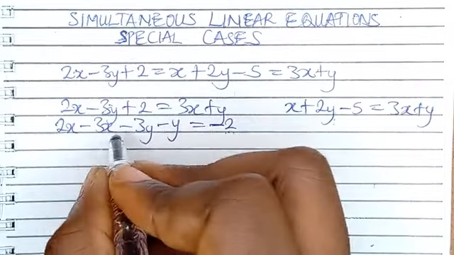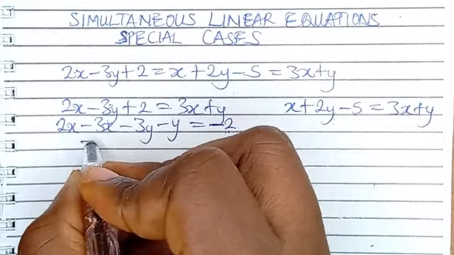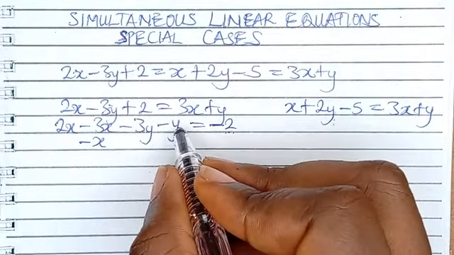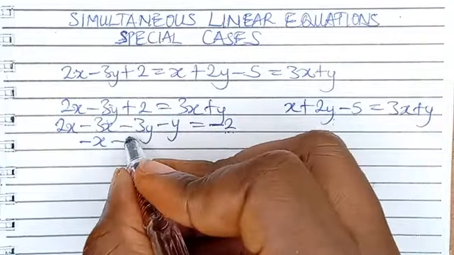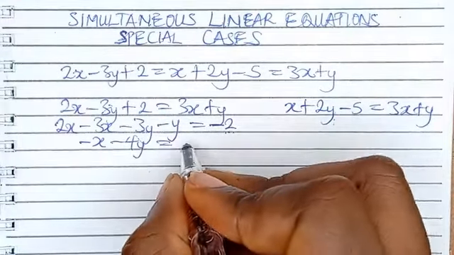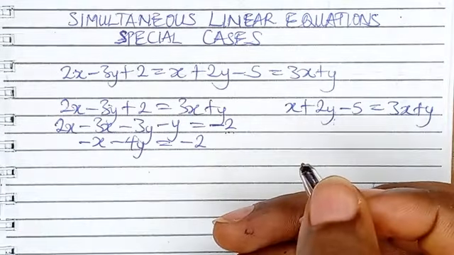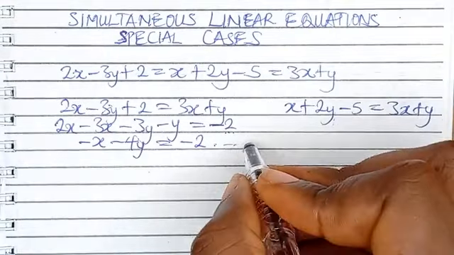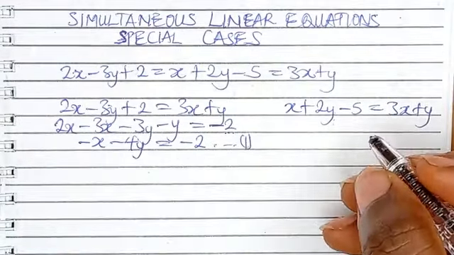We now have 2x minus 3x is equal to negative x, and then minus 3 minus 1 is equal to minus 4y and is equal to minus 2. So this is now a simple equation. I can even call this equation 1 right now.